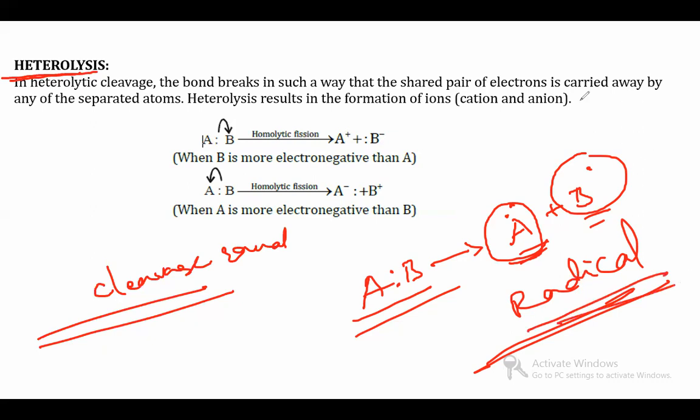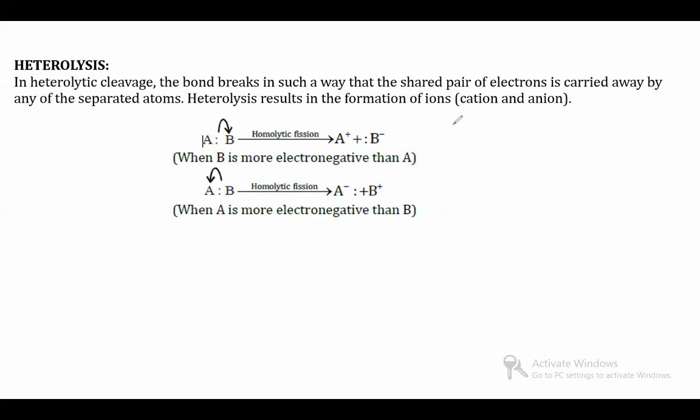Okay, so we'll see what will happen with heterolysis, meaning the unequal cleavage of the atoms. Unequal cleavage of atoms leads to the formation of anion and cation. Clear? Anion and cation.